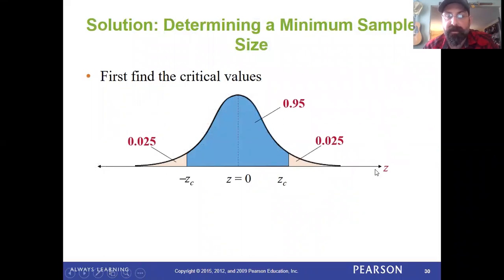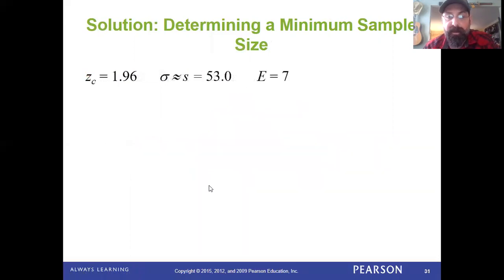Again, we need the critical values for a 95% confidence interval. Those come out to be plus and minus 1.96. And then we can simply apply the known values. 1.96 for our confidence. Sigma can be approximated by a large sample S, which ours was 53, and our margin of error is desired to be 7.